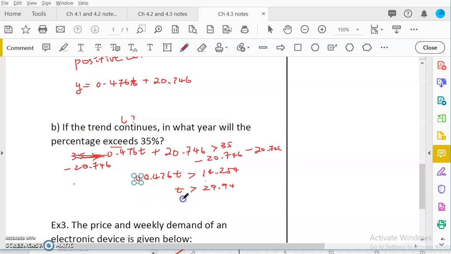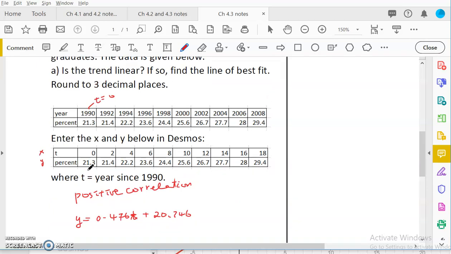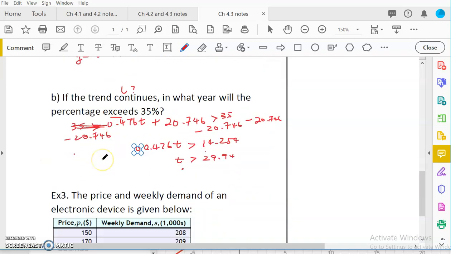And so t is greater than almost 30, right? So in what year? So our base year was what? 1990? 1990, plus 29. So that would be the year when it exceeded: 1990 plus 29.9.